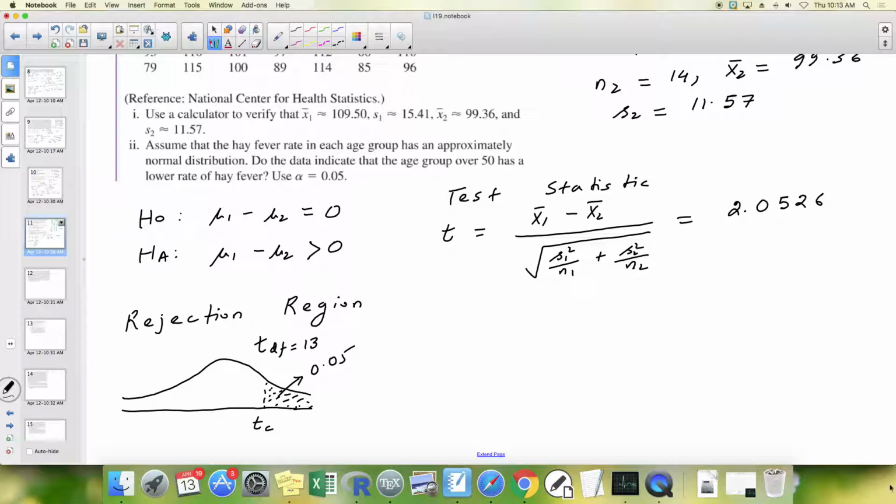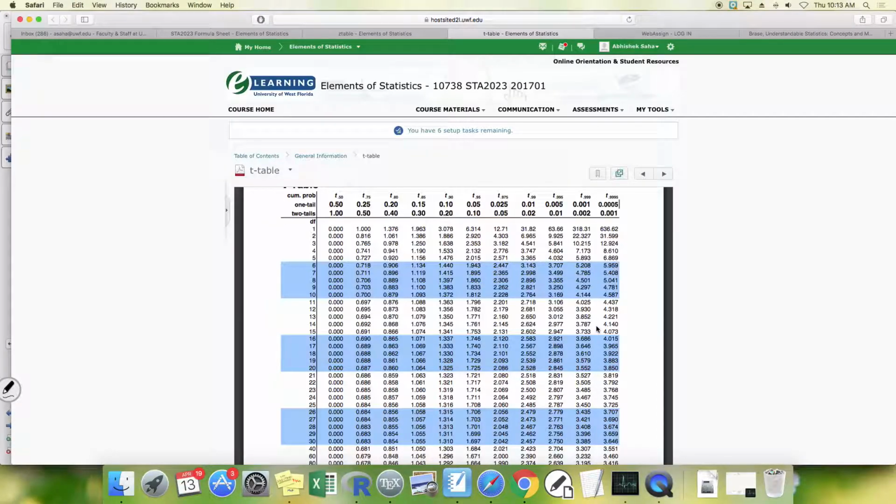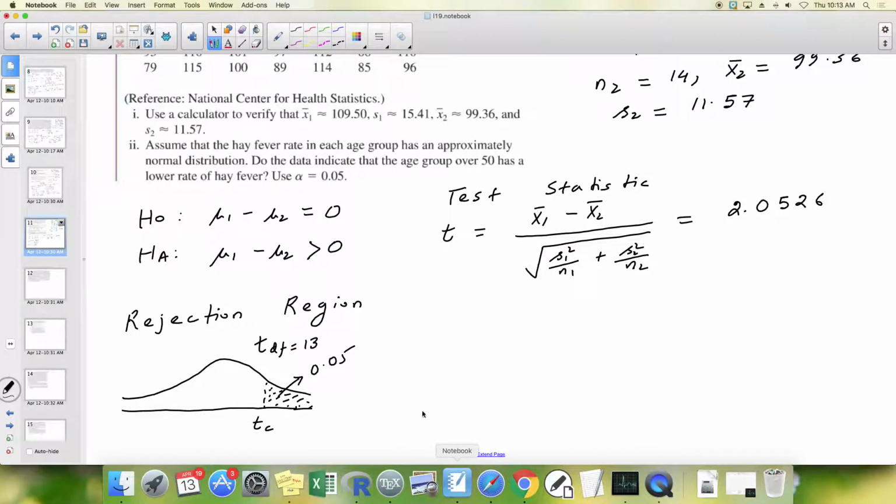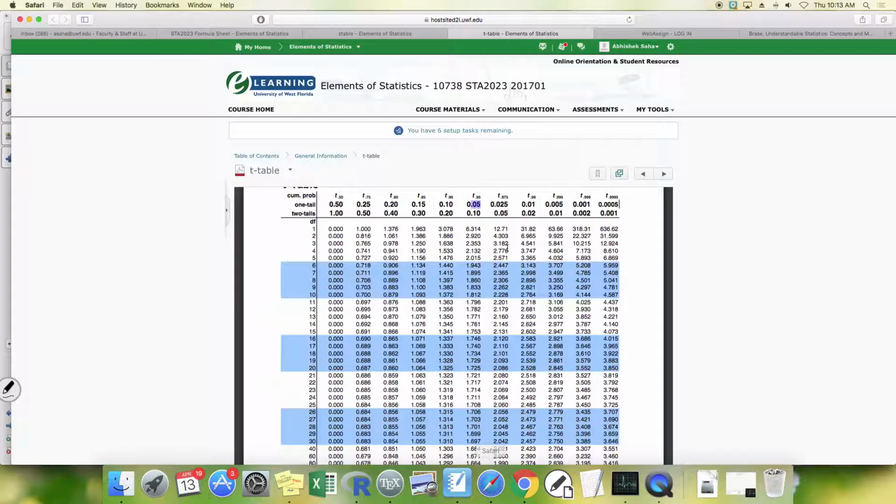So with that, we look for one tail to be 0.05. So once again, why are we looking for one tail 0.05? And so look, this is one tail 0.05 and this is two tails 0.05. So why are we looking at this column and not this column?